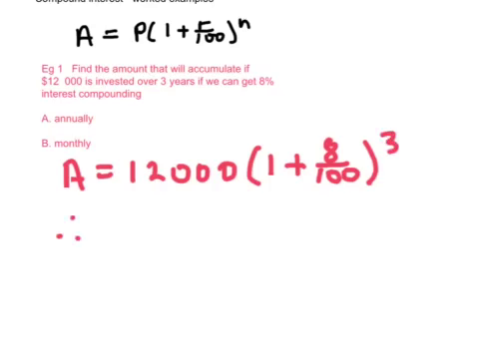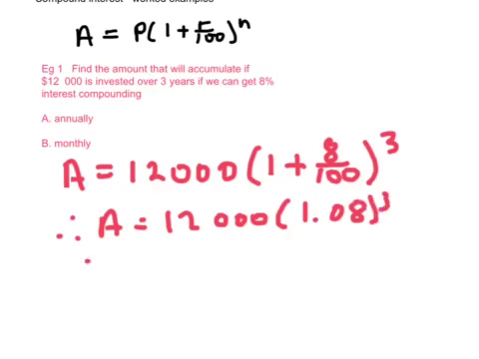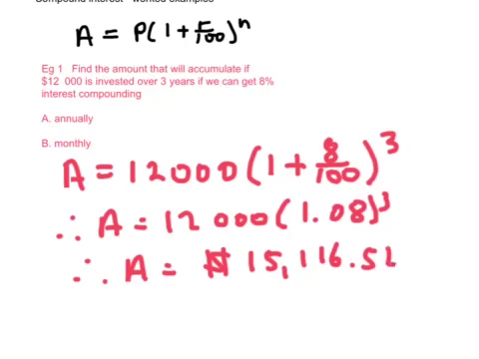Alright, we would simplify that perhaps before launching to our calculator, like so. And our calculator is going to tell us that the amount that accrues is $15,116.54. Remember to always write your answers to dollars and cents with 2 digits in the cents place.